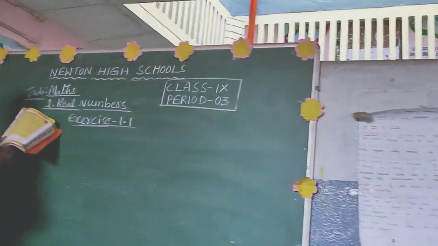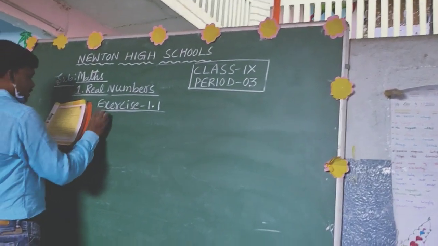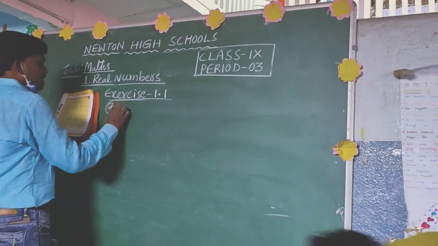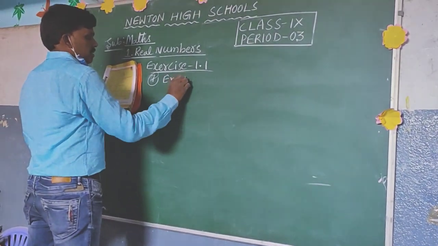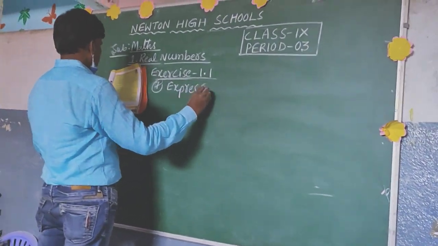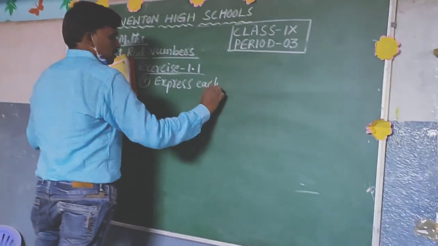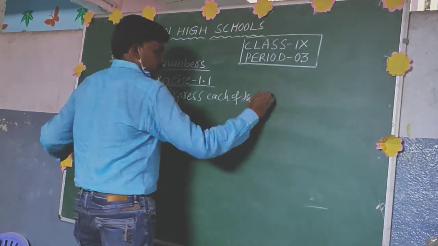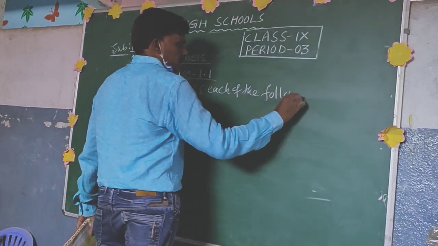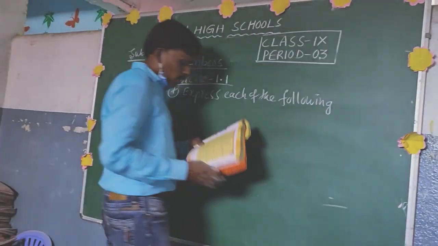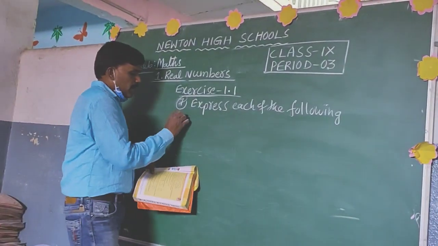What's the next one? Express each of the following in P by Q form.